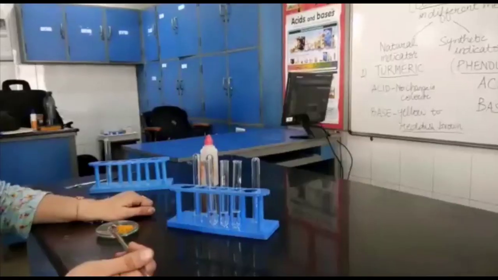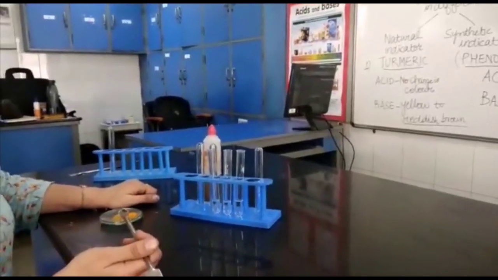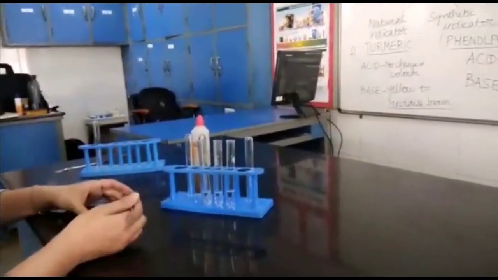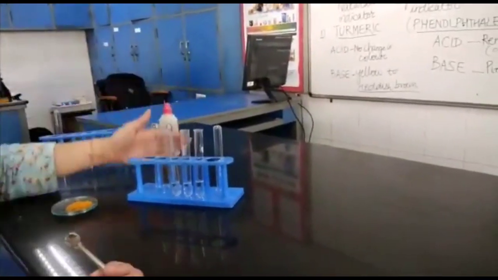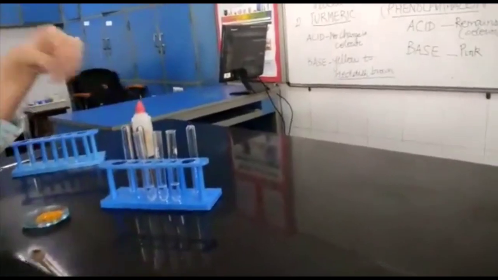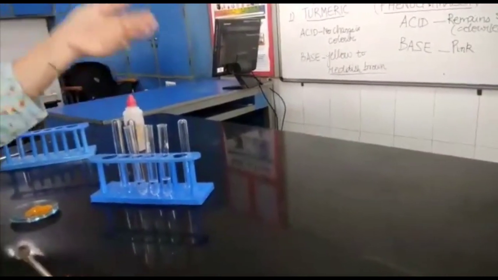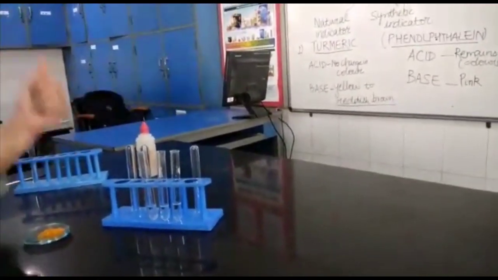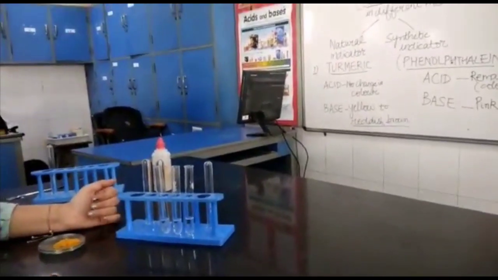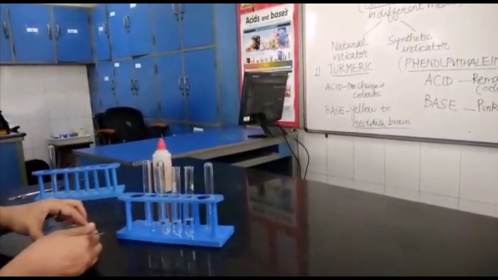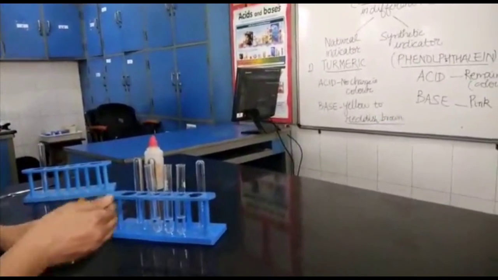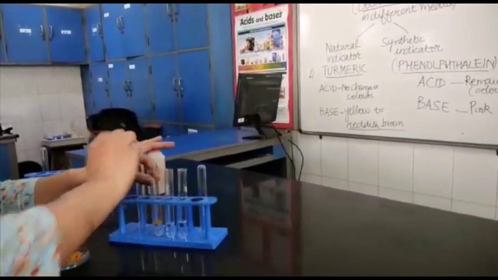We will see by experimentation how turmeric acts as an indicator. We've taken 3 test tubes in which there is either an acidic solution, a basic solution or a neutral solution. To find out their nature, we would be adding a small amount of turmeric powder in all the 3 test tubes.